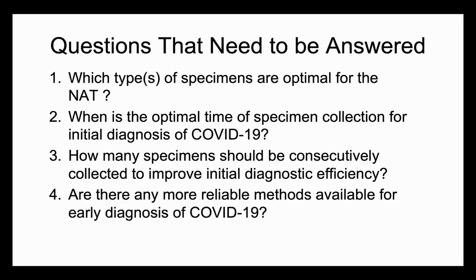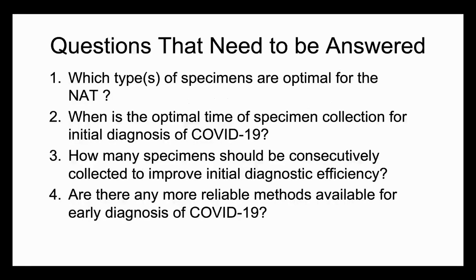So the questions that need to be answered are: which types of specimens are optimal for the nucleic acid testing? And when is the optimal time of specimen collection for initial diagnosis of COVID-19? Then how many specimens should be consecutively collected to improve initial diagnostic efficiency?